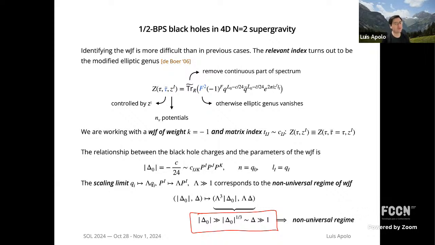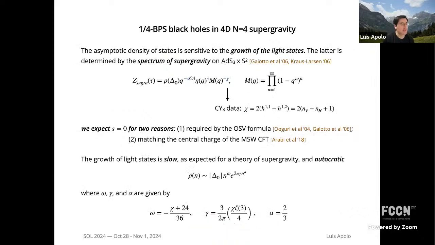And if you are in the non-universal regime, your weak Jacobi form better grow slowly, which indeed it does. But you have to extract the growth of this weak Jacobi form.